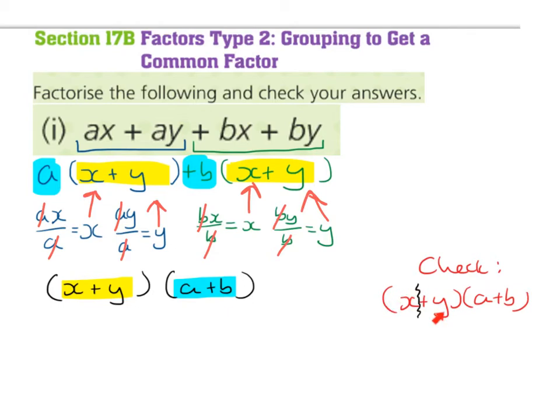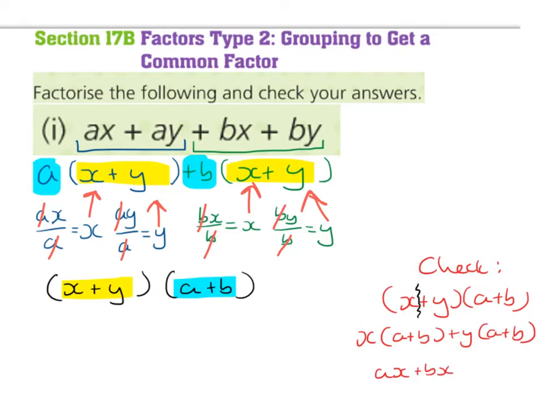So to check our answer, we write out our two sets of brackets. So x plus y multiplied by a plus b. We crack open the first egg. We bring down the x, we stick on the second egg, we stick on the a plus b, we bring down the plus y, and we stick on the second egg again, the a plus b. Then x times a is going to be ax, and x times b is going to be bx.